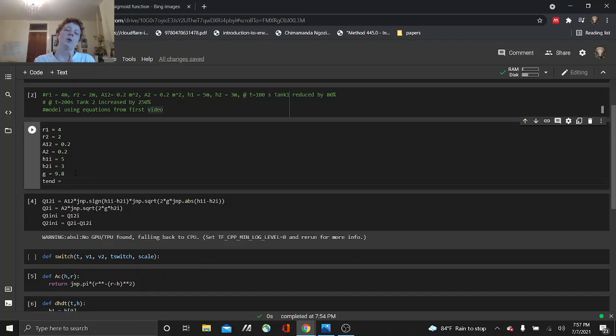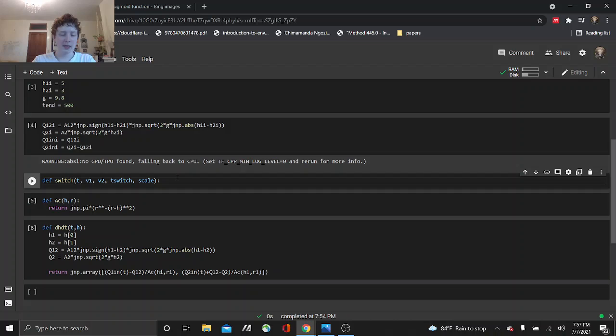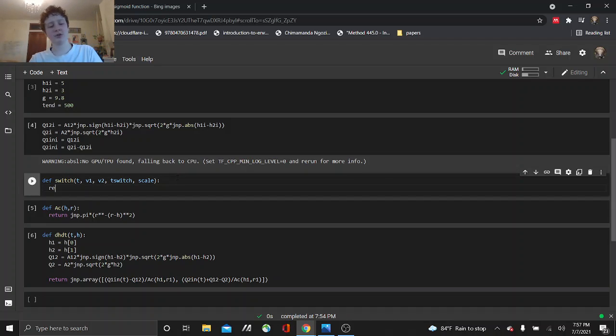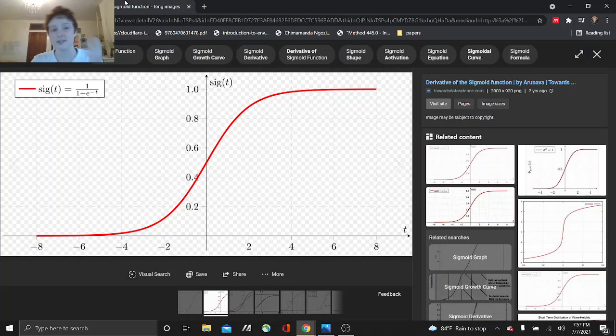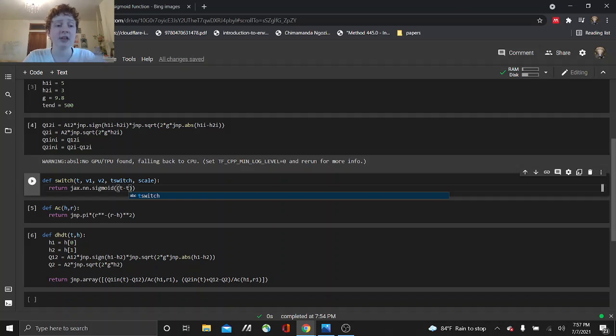When we create the graph for this specifically, we're going to look all the way out to 500 seconds. Okay. So this is going to return our sigmoid function that I just showed you. This is literally right over here. And we're going to say that it's the time minus the time of the switch divided by our scale.